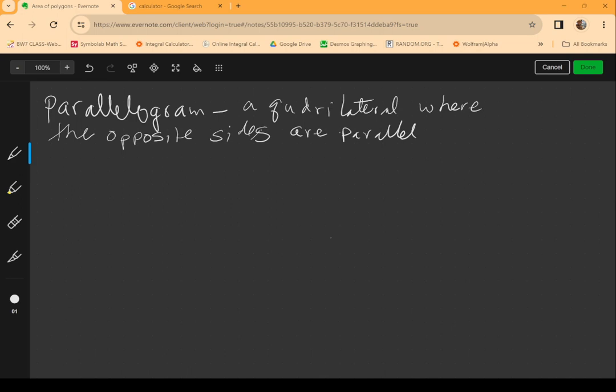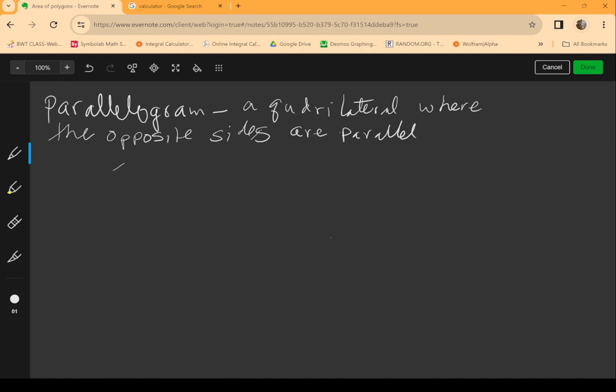Okay. All right. So you might be thinking, well, didn't we just do that in the previous video with rectangles? Well, remember that the rectangle had the additional property that all angles were 90-degree angles. This figure does not have that condition, right?